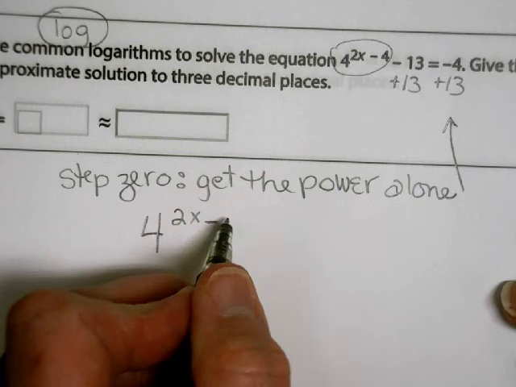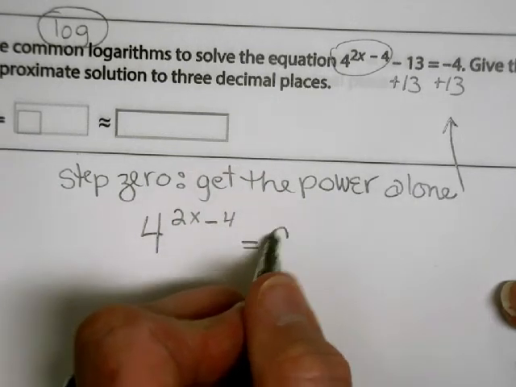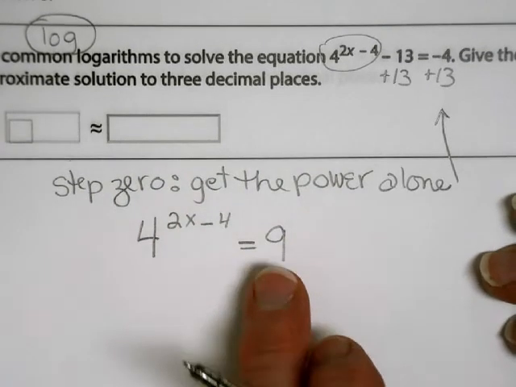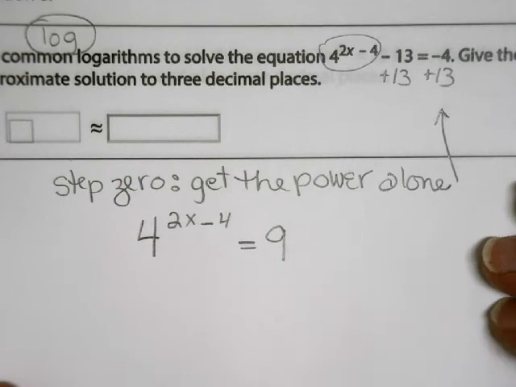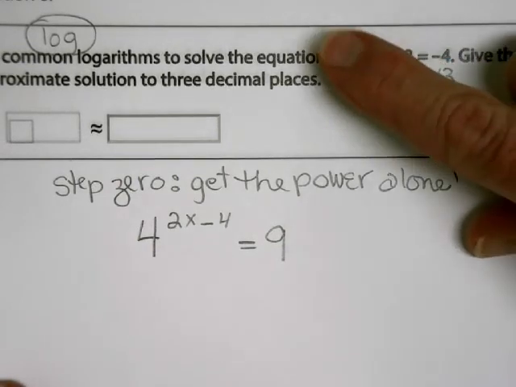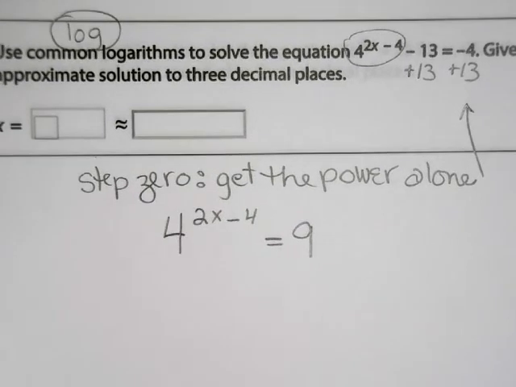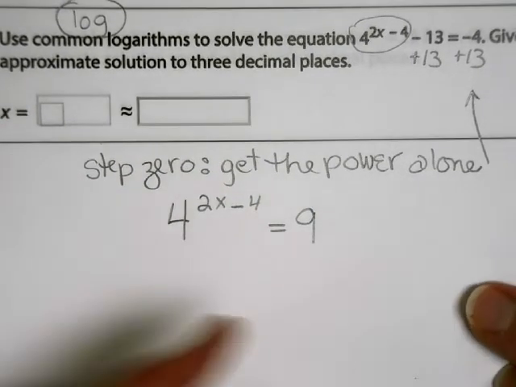So what I'm going to do is add 13 to both sides. So my result is 4 to the 2x minus 4 upstairs there in the exponent, equals 9. So you guys all will have that first 0 step. If you got something messing with the power, you got to move it. Whether it's being added, subtracted, multiplied, or divided, you got to get it out of there.